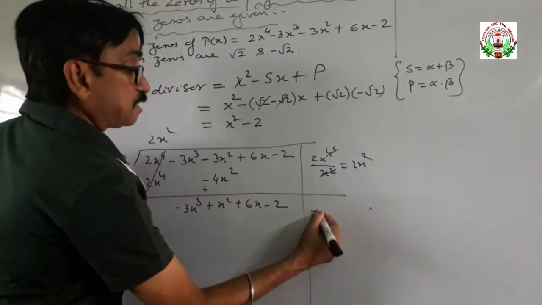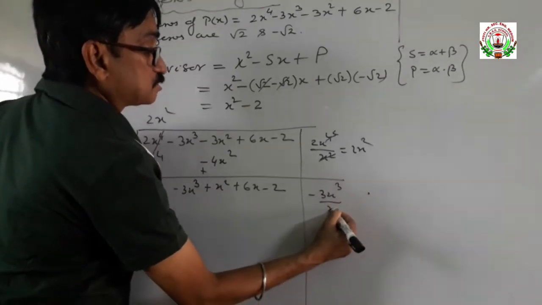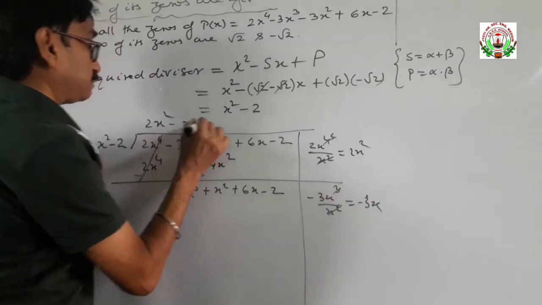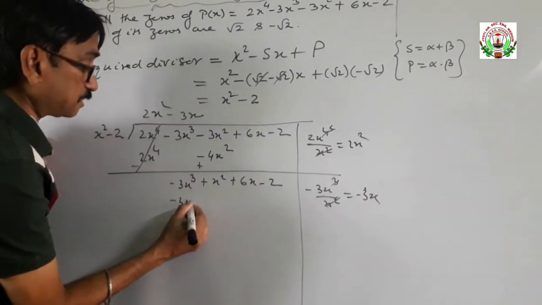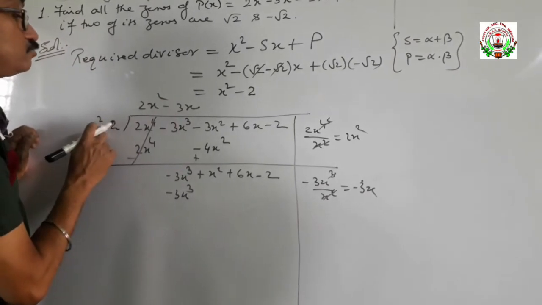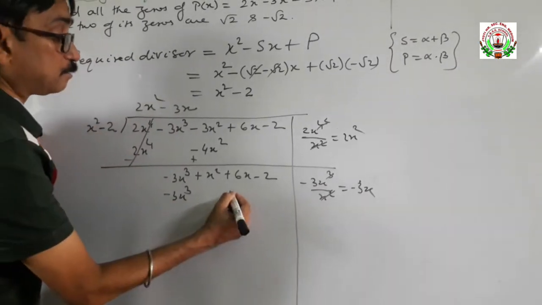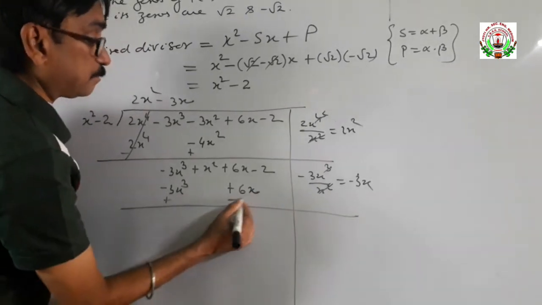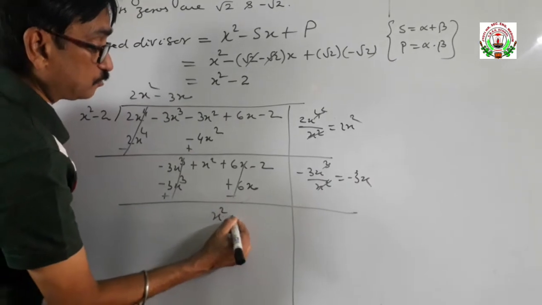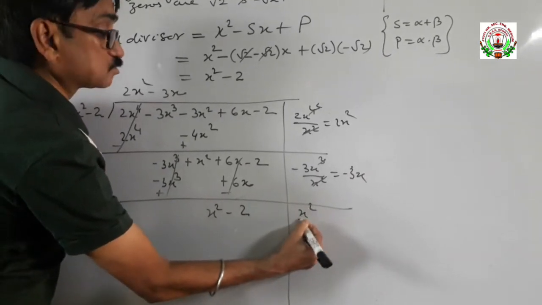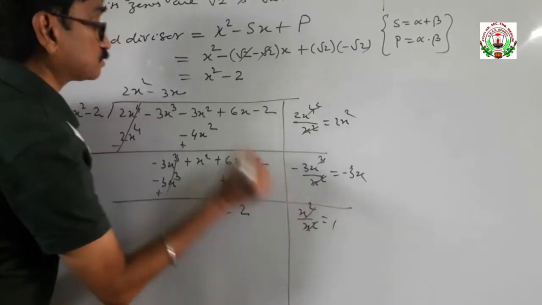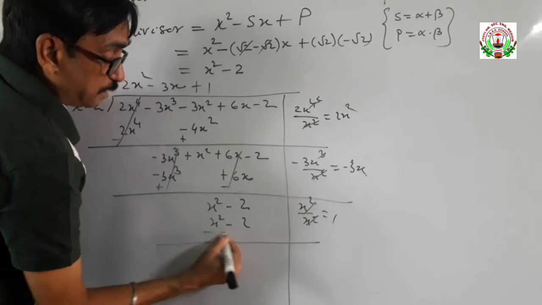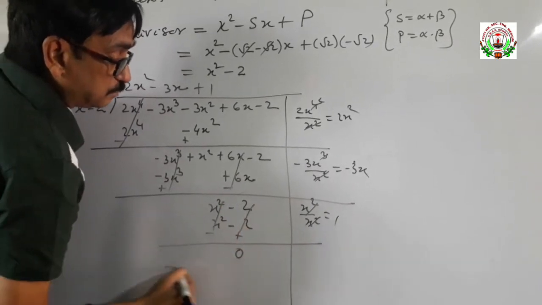Now minus 3x cube divided by x square gives us minus 3x. So the second term is minus 3x, and minus 3x into minus 2 becomes plus 6x. Now this cancels out, and we are left with x square minus 2. x square by x square becomes 1, so plus 1 times x square minus 2, and this cancels out.